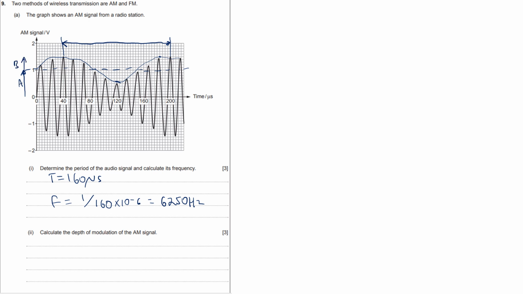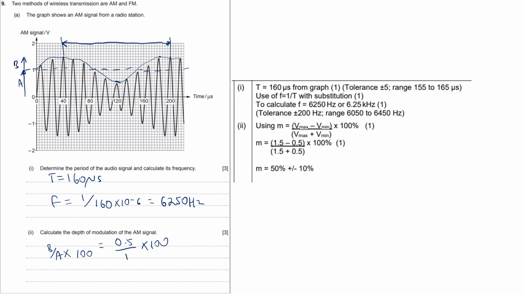So if I did it that way, it would be B over A times 100, B 0.5 over 1 times 100, which you can do, that's fine. Or you can use the equation on a data sheet, which you get the same answer. Okay, so 50% there. So it's entirely up to you.